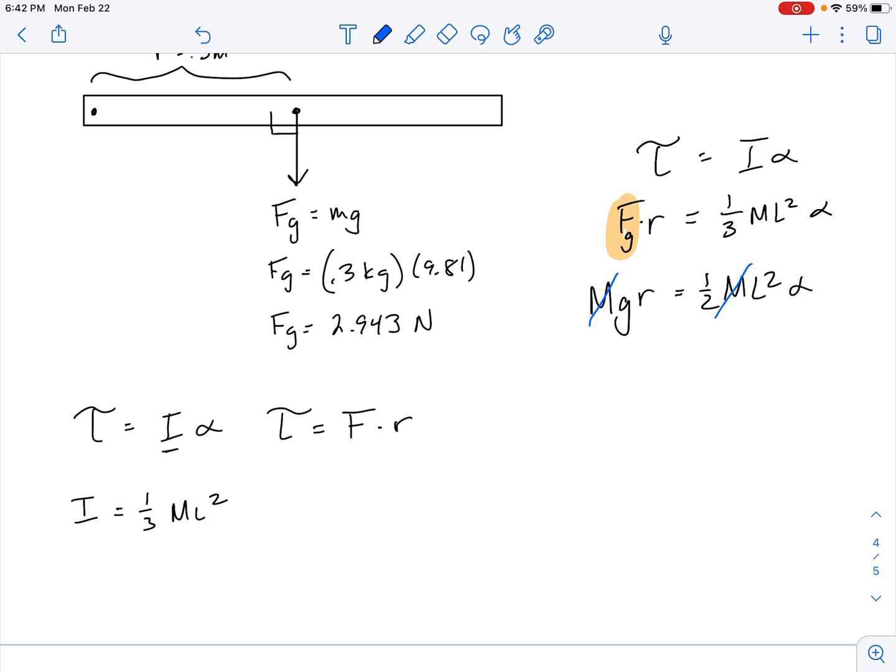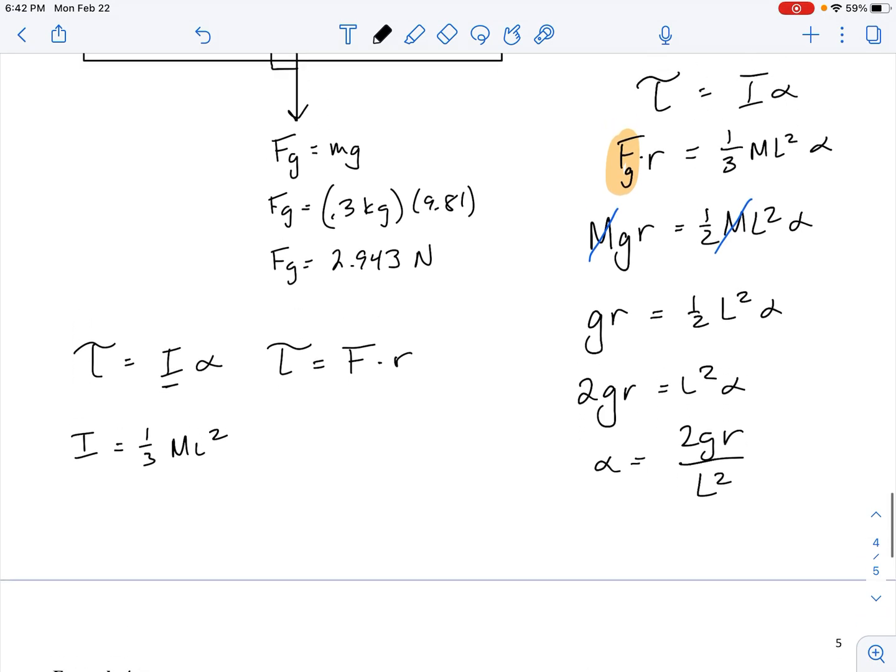Okay, so I've got g r equals 1/2 L squared alpha. I'll multiply both sides by 2. I get 2gr equals L squared alpha. And I get alpha equals 2gr over L squared.